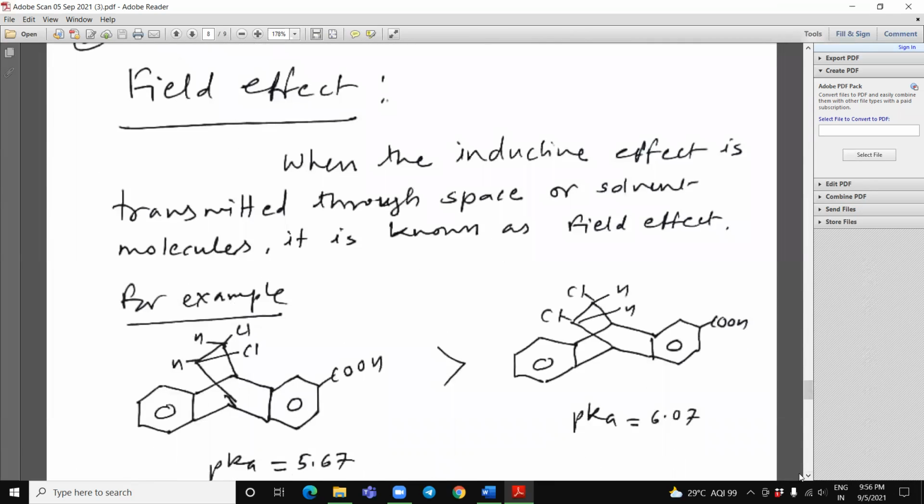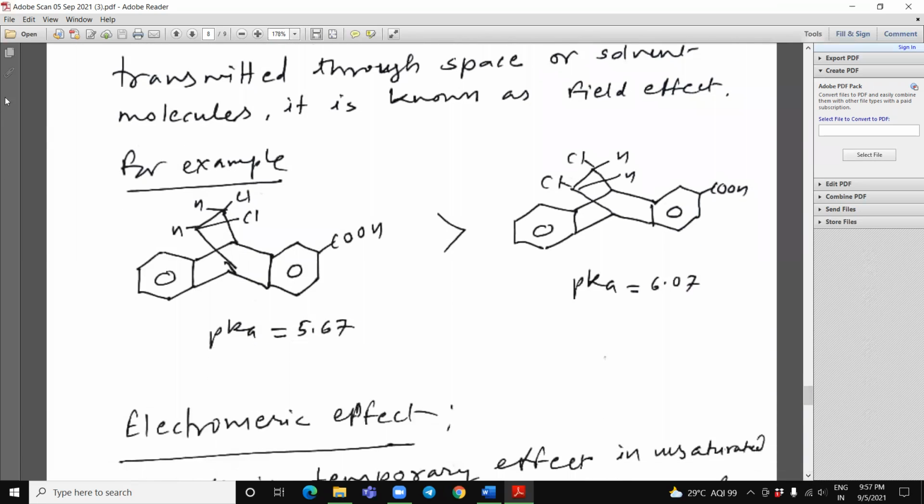Field effect. When the inductive effect is transmitted through space or solvent molecules, it is known as field effect. See here, two chloro atoms.